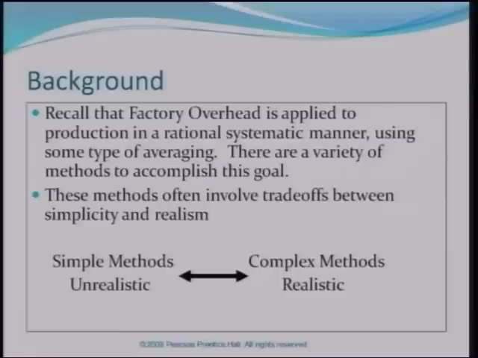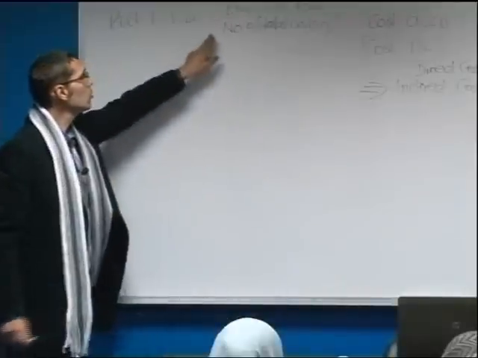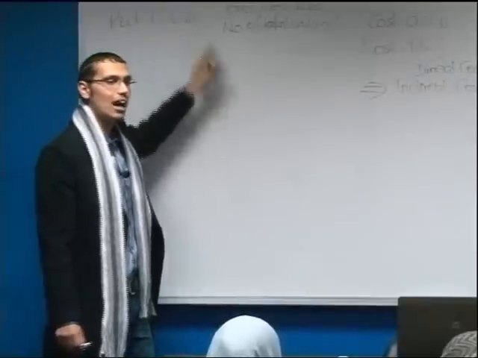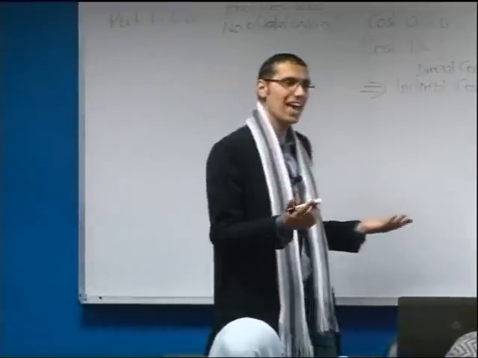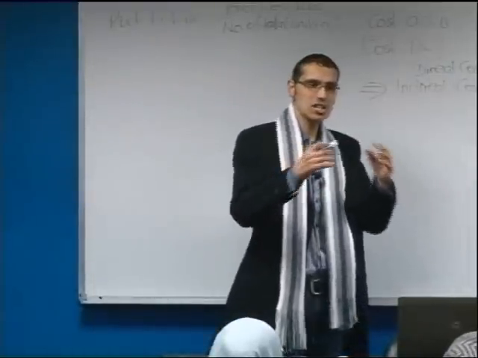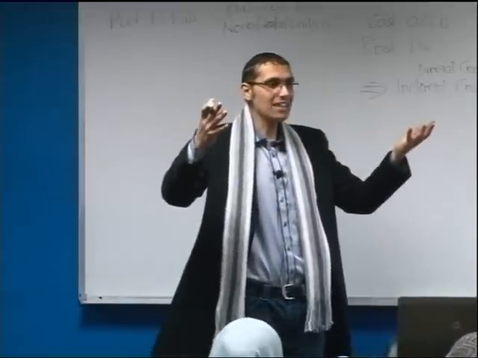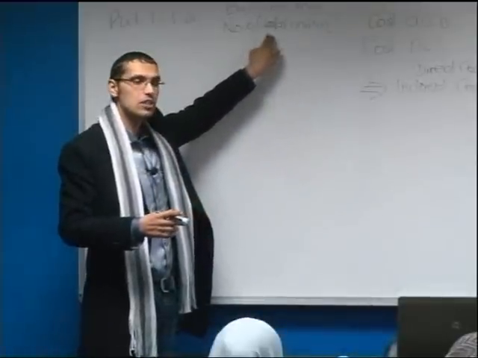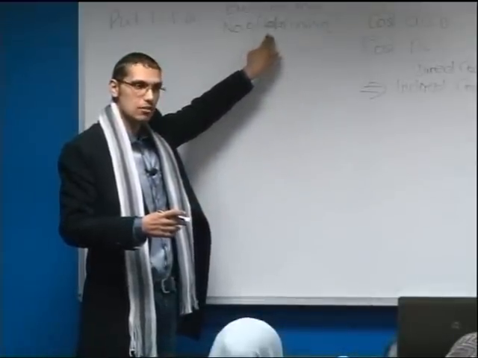As we can see, recall that factory overhead is applied to production in a rational, systematic manner using some type of averaging. We are calculating the budgeted allocation rate according to some sort of averaging technique. We are spreading the indirect cost onto the number of units of the allocation base. Correct?